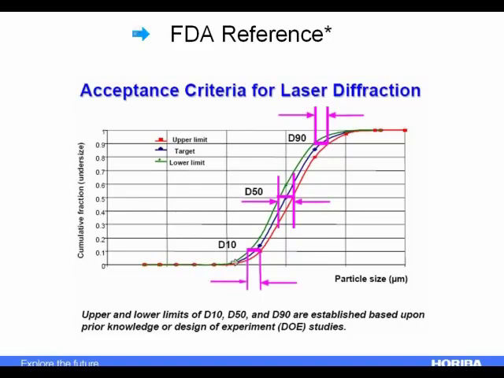But some slides from his presentation look at D10, D50, D90, and talk about what is the acceptable range for these values. As you do your testing, you should understand what's the range of errors that comes from your analytical techniques.